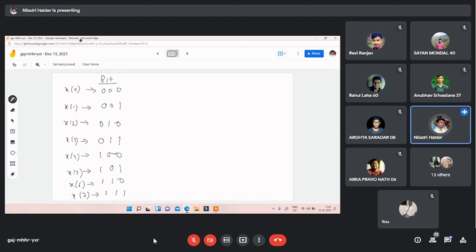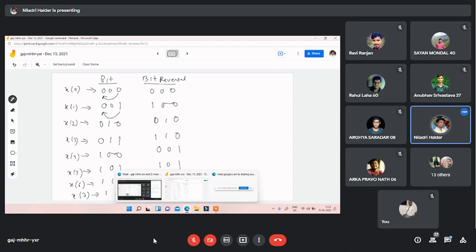Okay, now make the bit reversal, meaning just reverse it. 000 will be 000, 001 will be 100, 010 will be 010, 011 will be 110, 100 will be 001, 101 will be 101, 110 will be 011 and 111 will be 111. Clear?